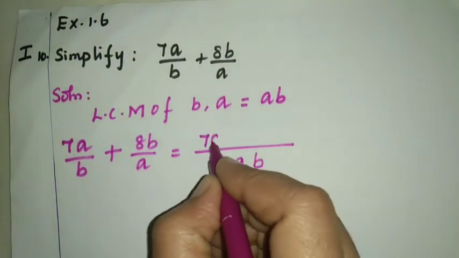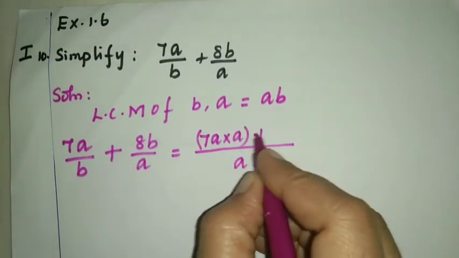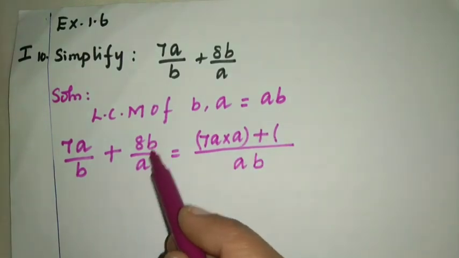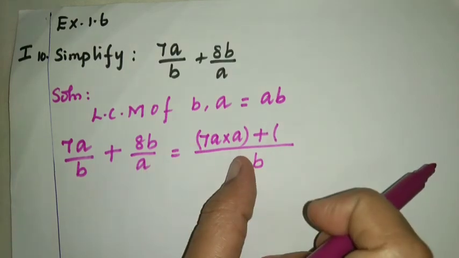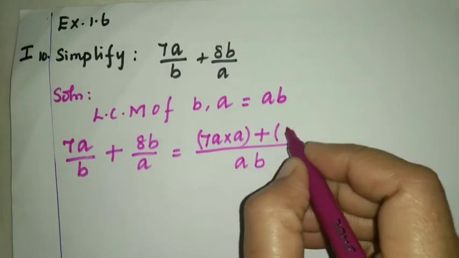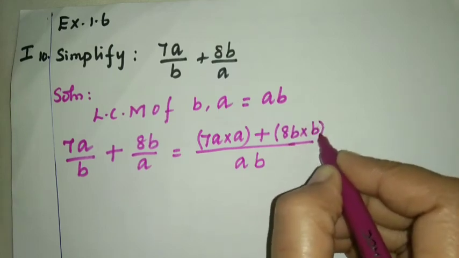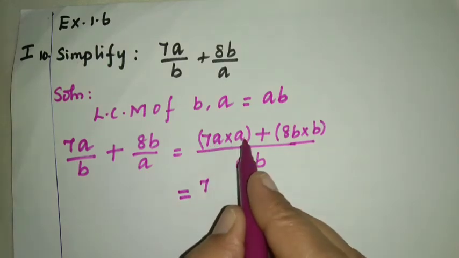So the first numerator must be multiplied with a. Next, put plus. And the second fraction is 8b by a. Here the denominator is a. Then what is the remaining variable? b. So the second numerator is multiplied with b, which is equal to 7a into a.